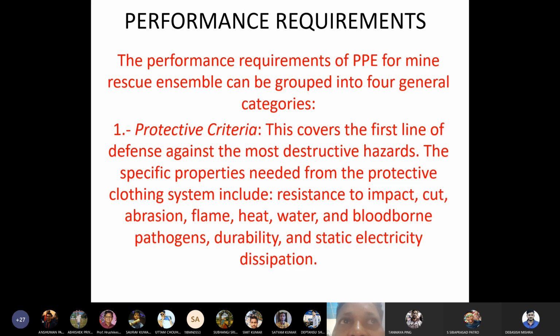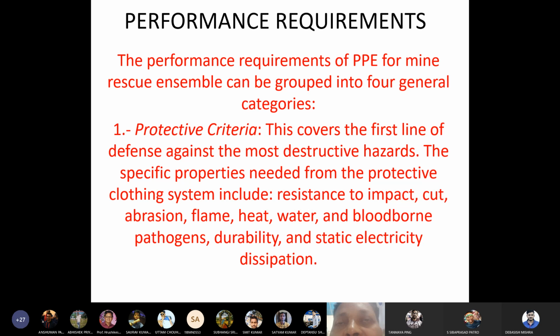The protective garments should be able to protect your body. This covers the first line of defense against the most destructive hazards. The specific properties needed from the protective clothing system include resistance to impact. If any material is falling on your body, it should give you resistance.